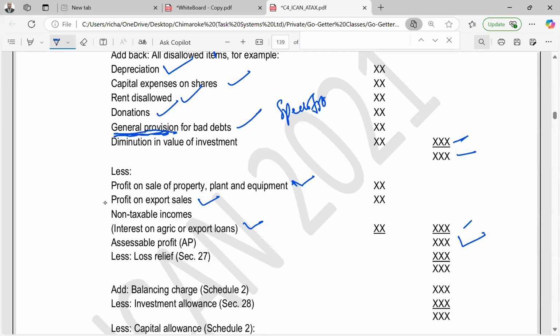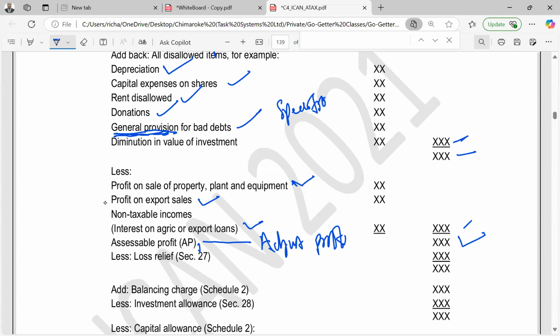Now, it is called accessible profit here, but we know that this is adjusted profit. So, adjusted profit, when there is no loss and balancing charge or capital allowances, that adjusted profit becomes accessible profit. So, we can call this one accessible profit 1, which we know as our adjusted profits.